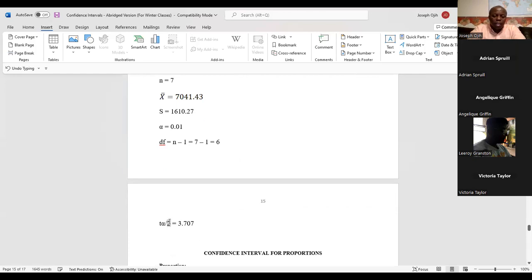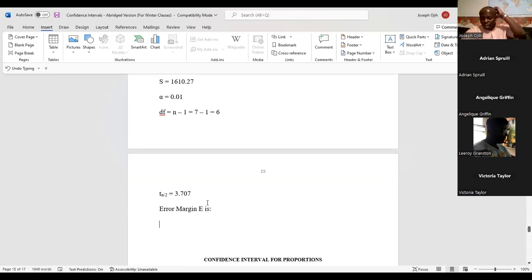Let's estimate the error. The error margin E, we can now go back to the formula and estimate it.